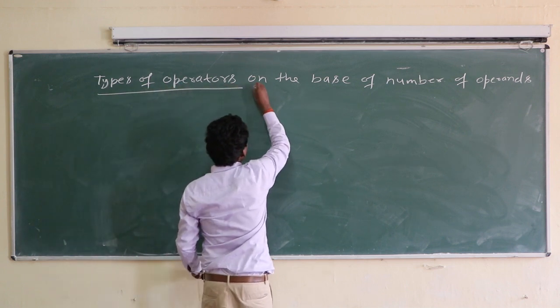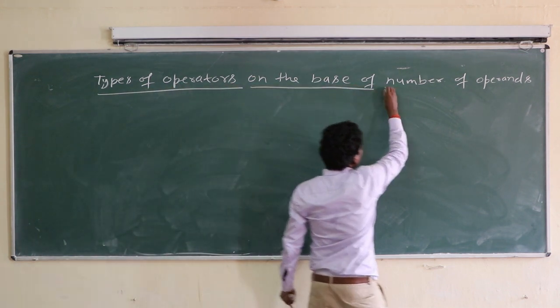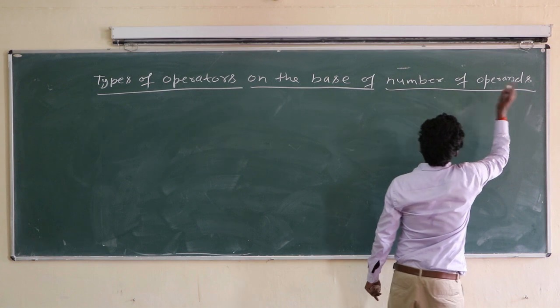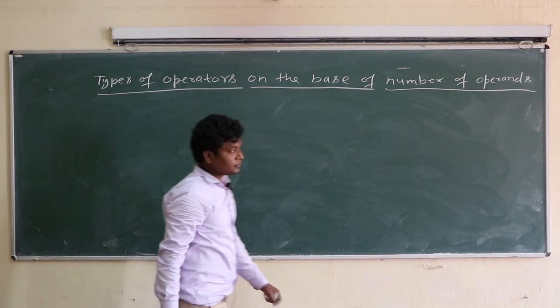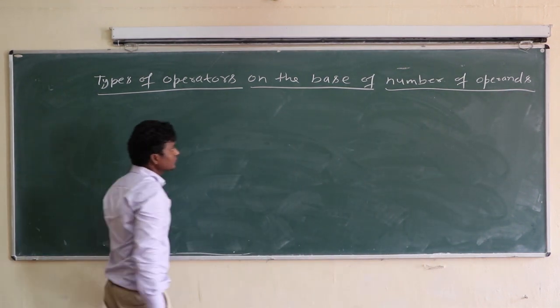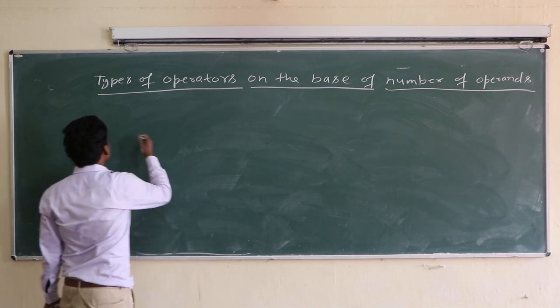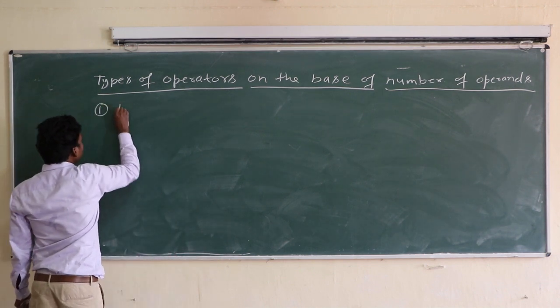Types of operators on the basis of the number of operands. Unary operator.